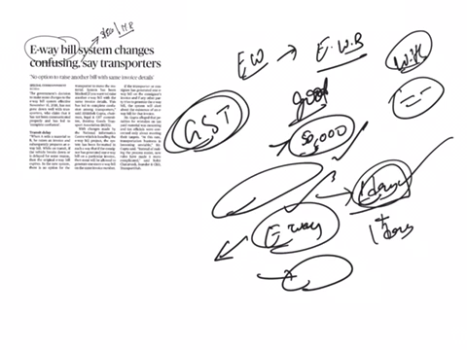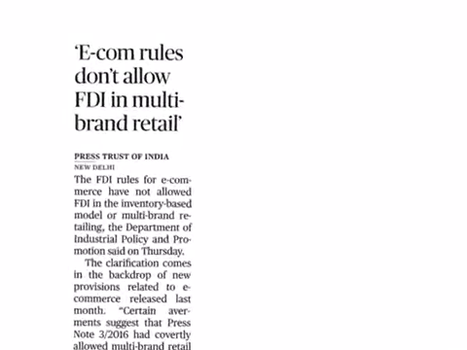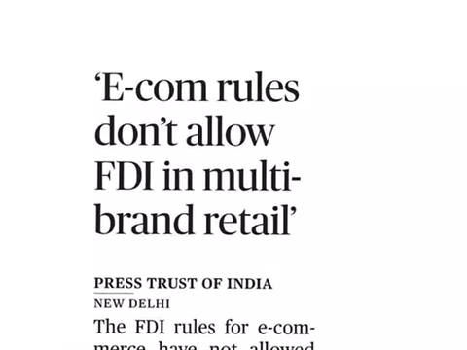In this case, the registered person should declare the details of goods in a common portal. In case an unregistered person is transporting, then either the recipient of supply or the transporter should generate this e-way bill.